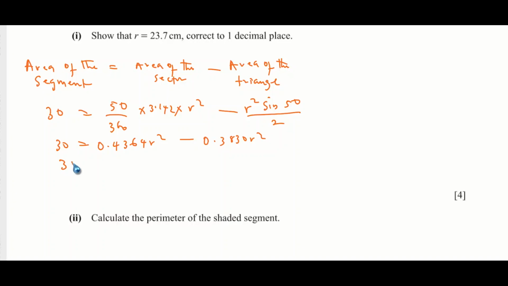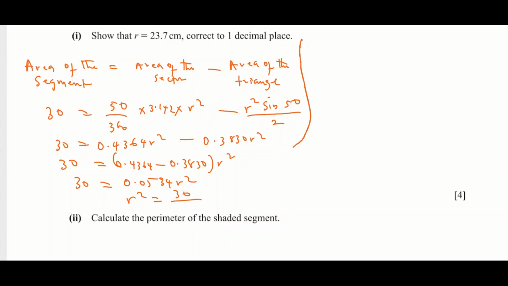So we can factor out r squared: 30 equals 0.4364 minus 0.3830 times r squared. So 30 equals 0.0534 r squared.